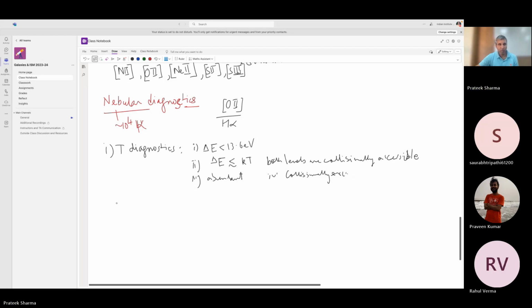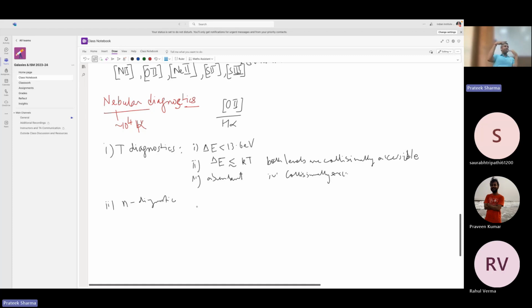So what about the density diagnostic? What do we want in a density diagnostic? The energy difference should be very, very low. If the energy difference is very, very low, then the e to the minus E by kT factor is not that important.